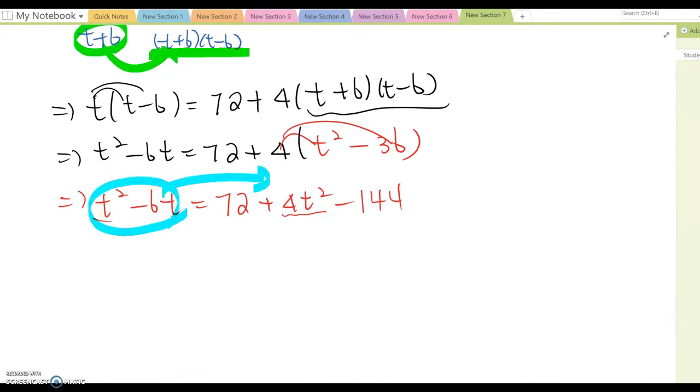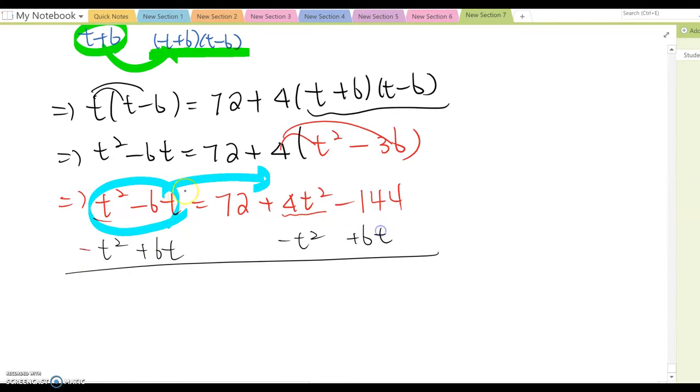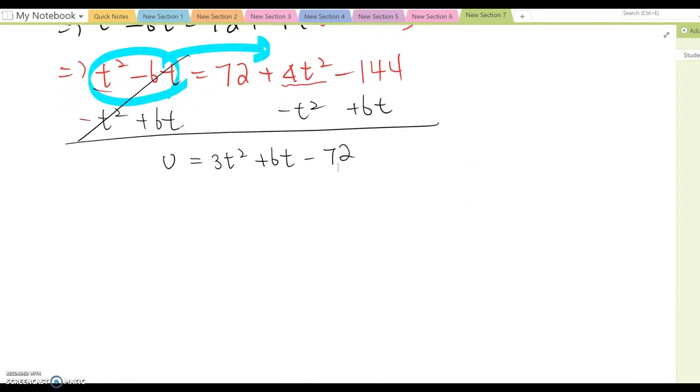Okay, then now minus t squared plus 60. Then this equal to 0 and then becomes 0 equal to 3t squared plus 60 minus 72 here. Okay. So as you see this one, 3 can become a factor.